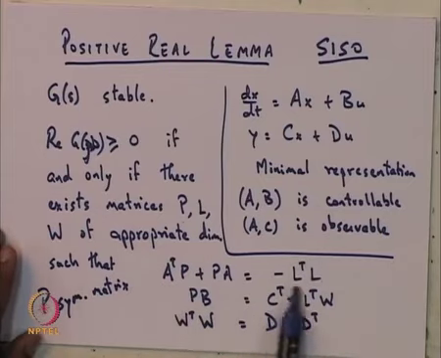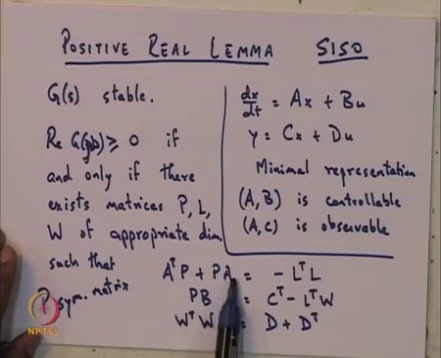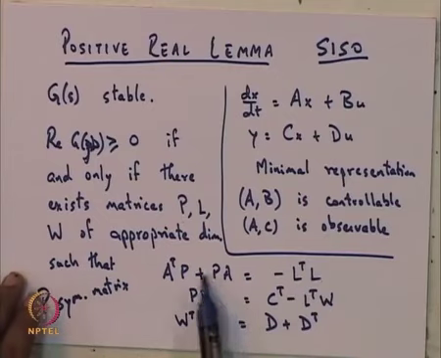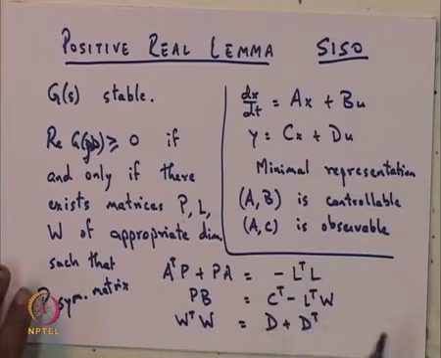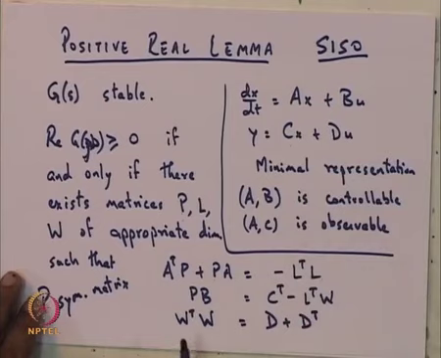So, what the first equation is saying is that there is some symmetric matrix P such that A transpose P plus P A is negative semi-definite. Now, this of course already connects P and L, because P has appeared here, L has appeared. The next equation connects P and L and W through B and C, where B and C come from the state representation.